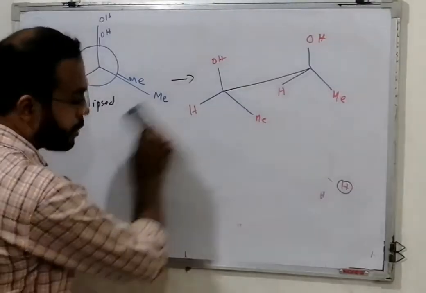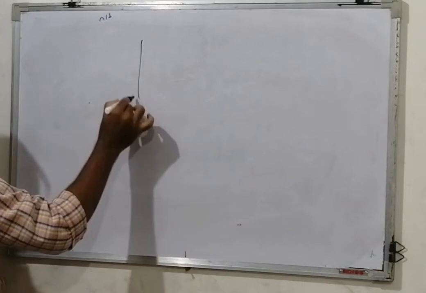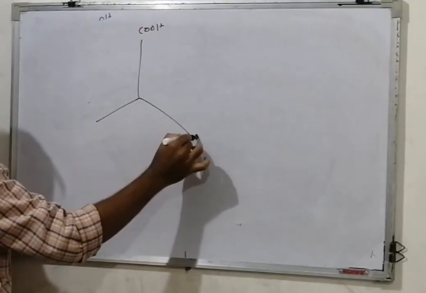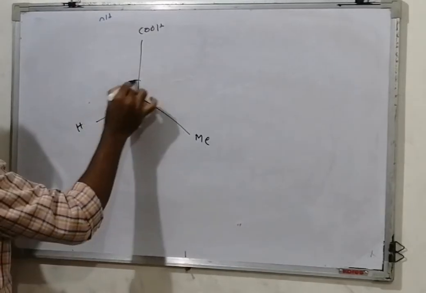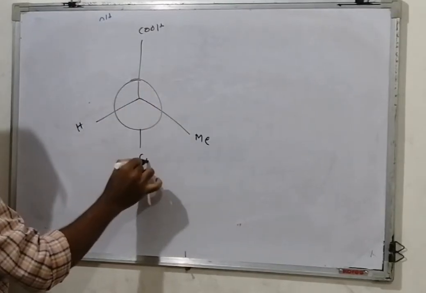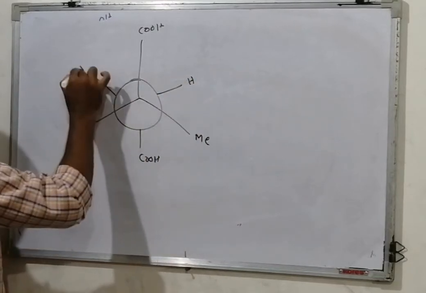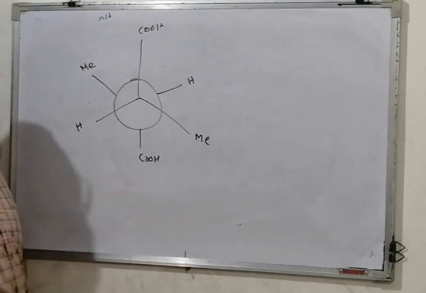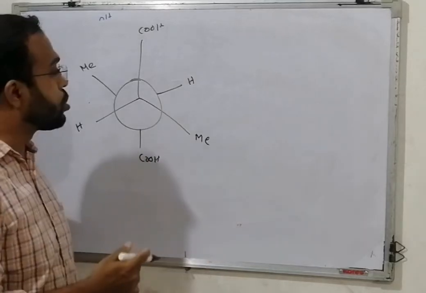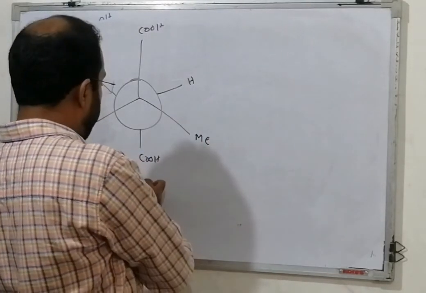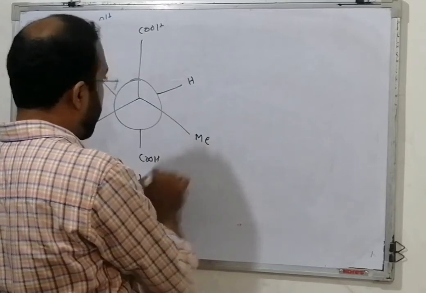All about these topics. I just give you one example for your homework: COOH, Me, H, COOH, H, Me. Please draw its Fischer projection. First, you draw the Sawhorse. Sawhorse, it's a staggered one.